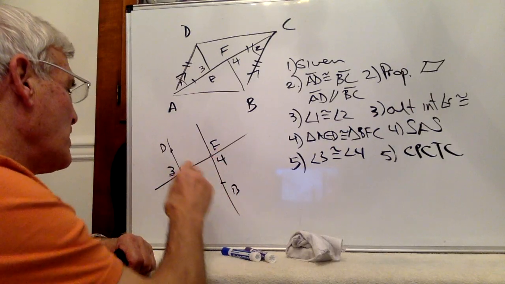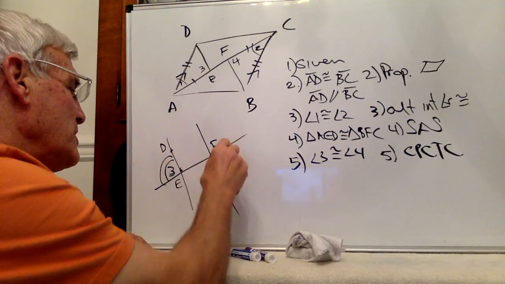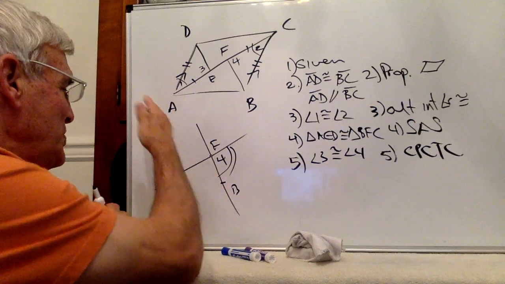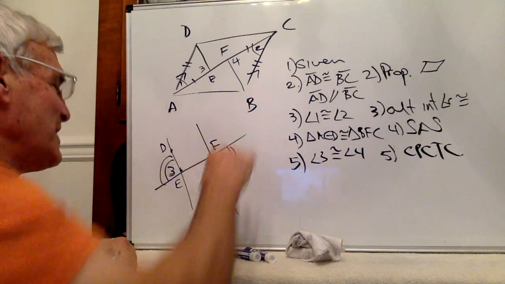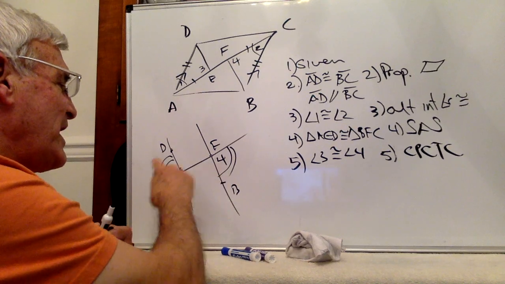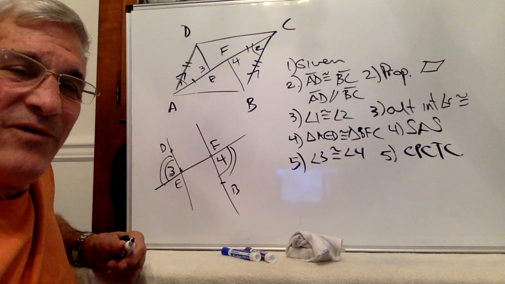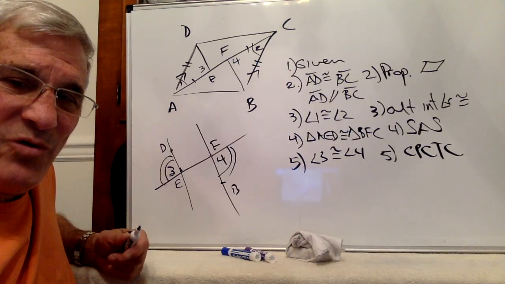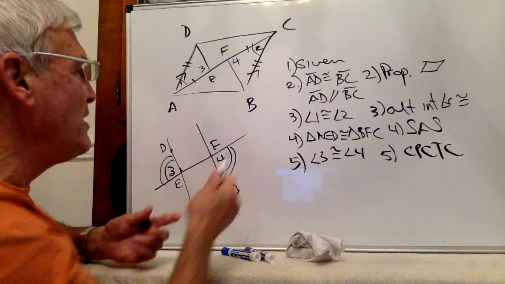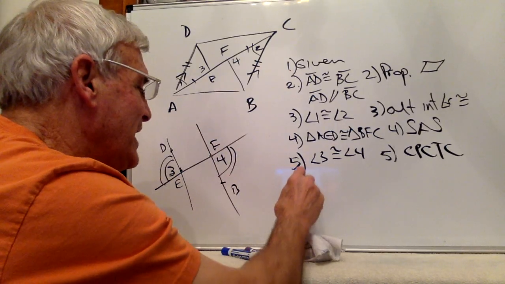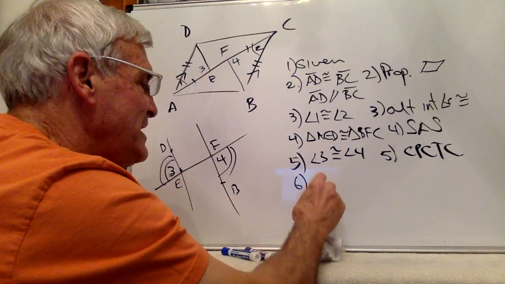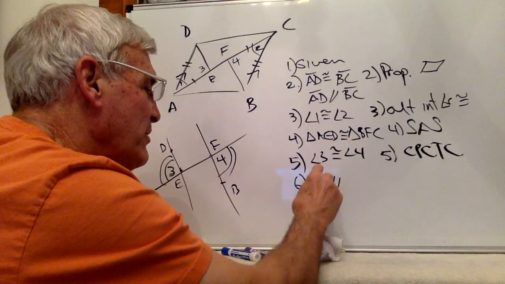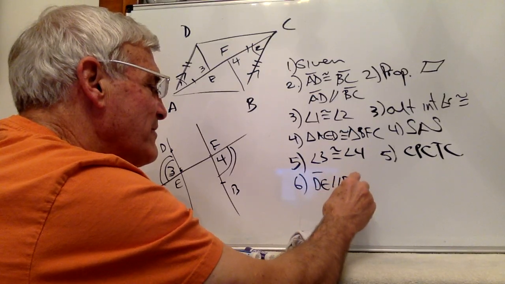Here's angle 4. And once we get them congruent, with respect to these two lines, using that as the transversal, they are alternate exterior angles. If alternate exterior angles are congruent, then lines are parallel. So I could say, again, they had that as F and that as E, doesn't matter. DE is parallel to BF.